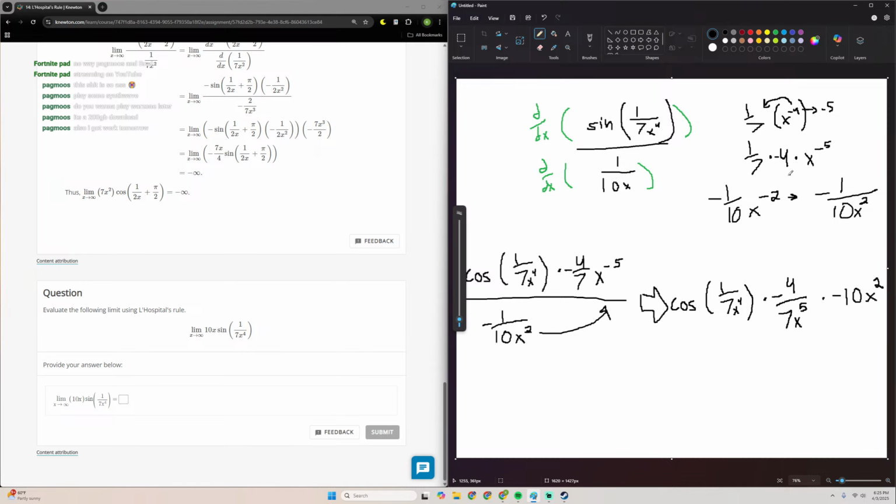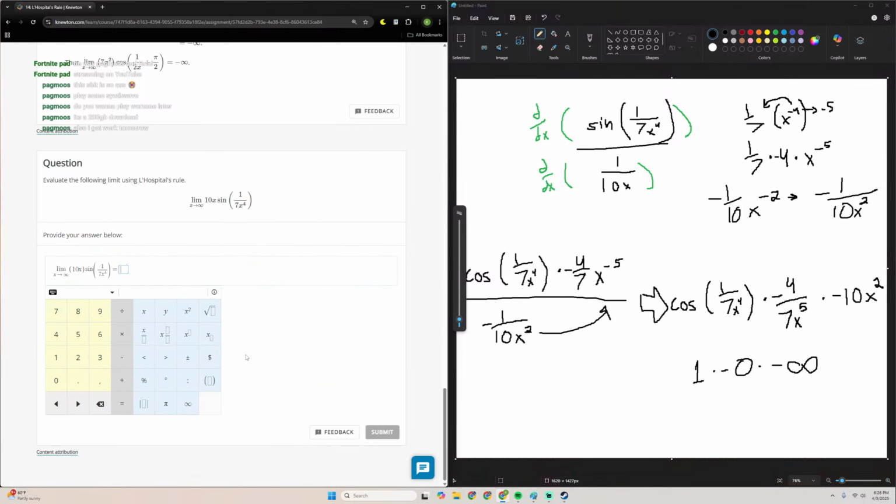Cosine of 0 is just 1. Negative 4 divided by negative 0. Negative infinity. Wouldn't this just be negative infinity?